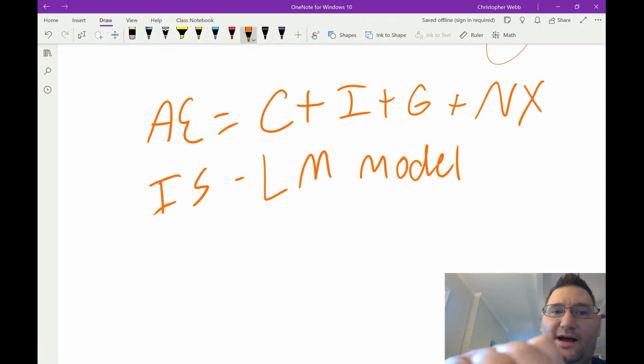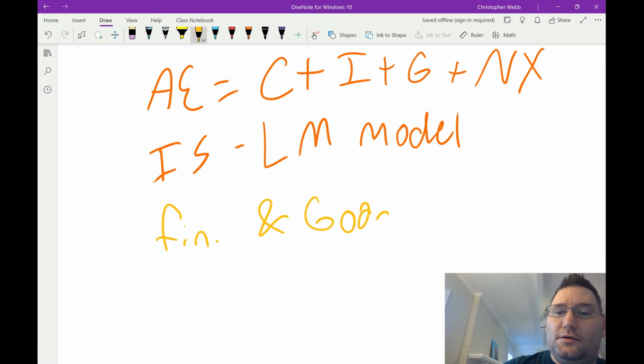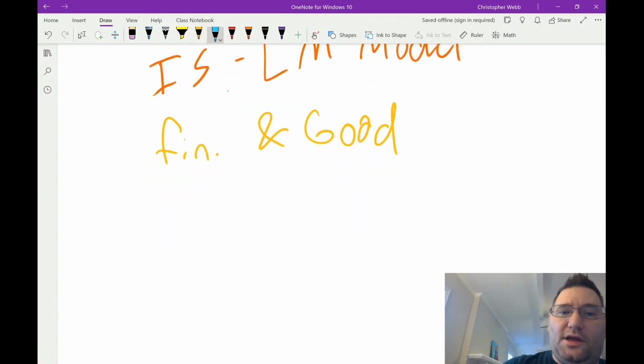But what the IS-LM model does is it says we need to take financial aspects and goods and give them two separate areas. So we need to create a delineation between the two. And this is where the interest rate plays a role in this model and what the Fed is hoping will happen when this model is set up.